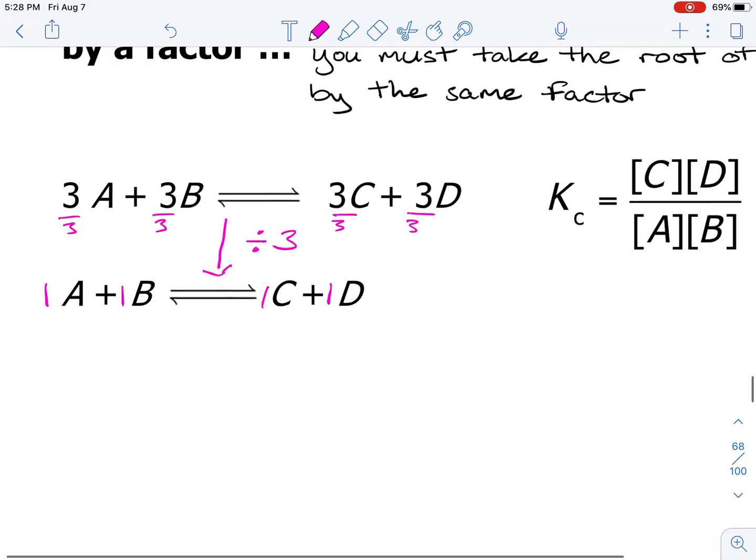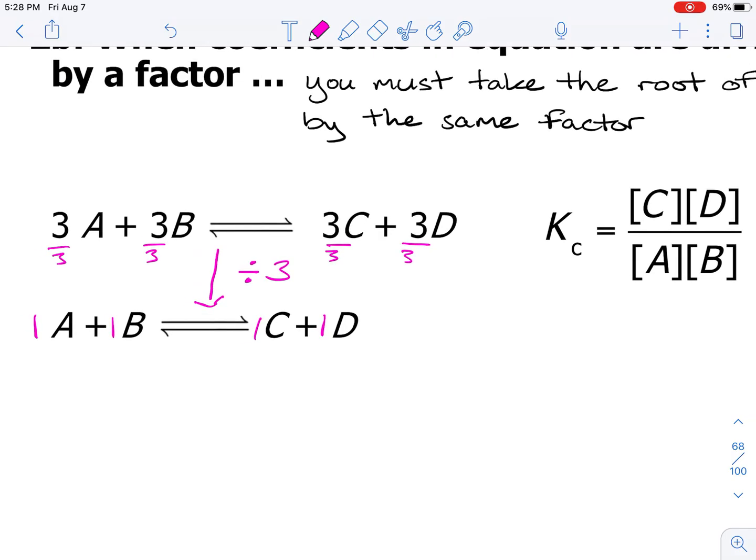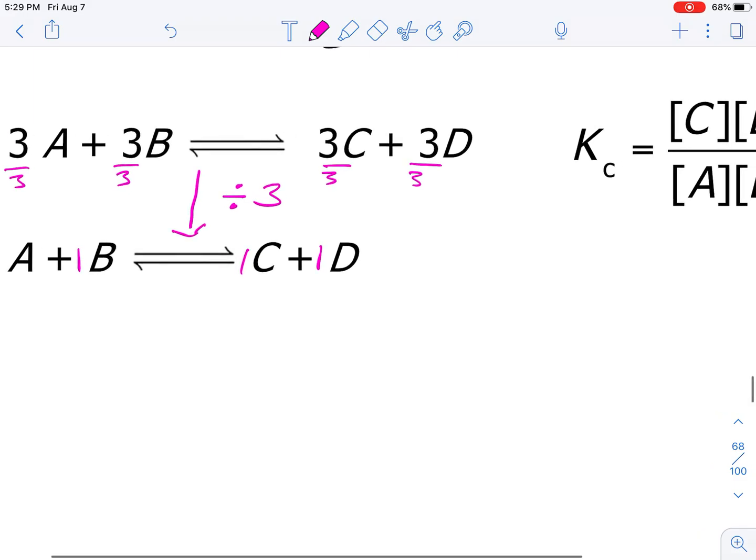And so we're going to go ahead and take the root of that value for Kc. And so since in this example we're dividing it by 3, we're going to take the third root of Kc.